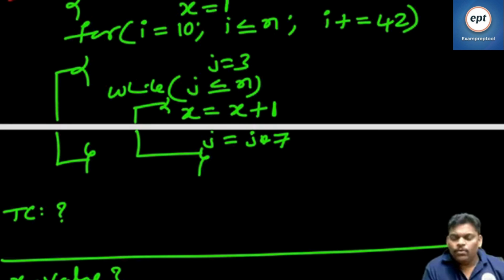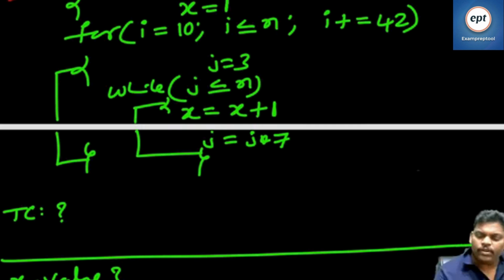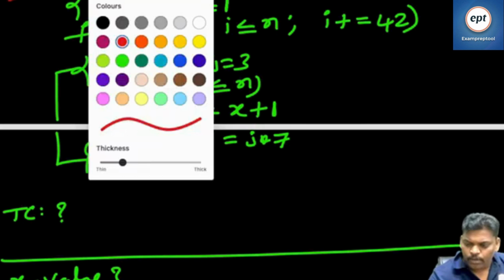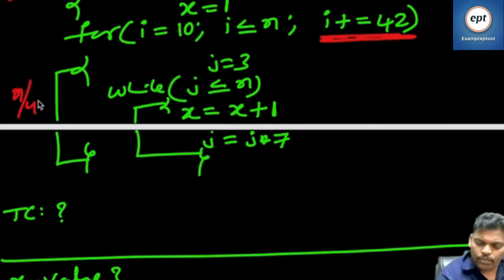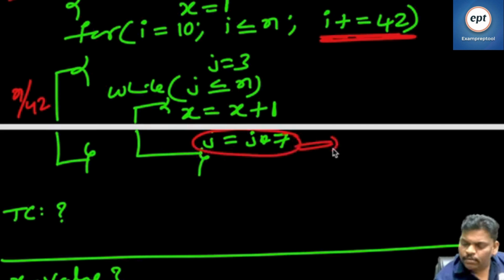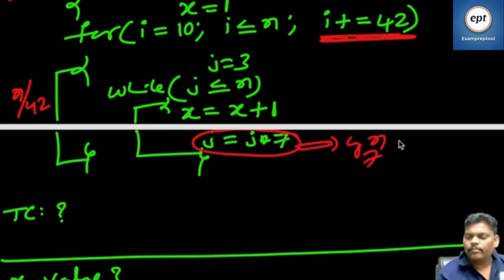If you see this problem, everyone knows the first loop is always adding 42, so n by 42. The second loop is always multiplying by 7, so log n base 7.